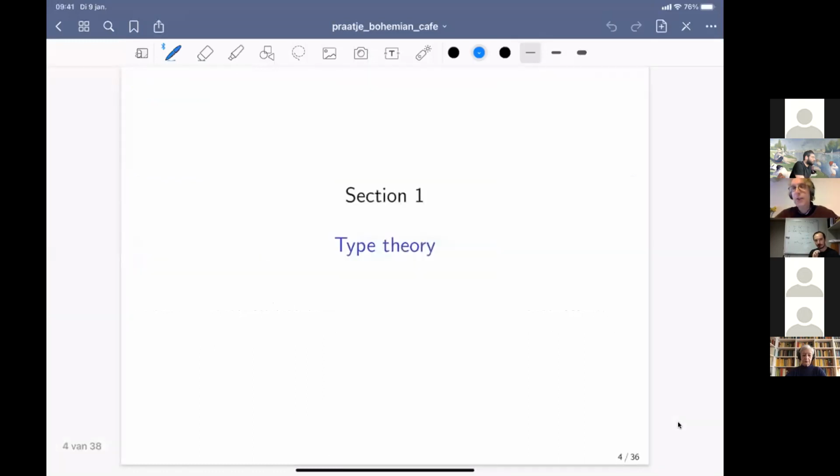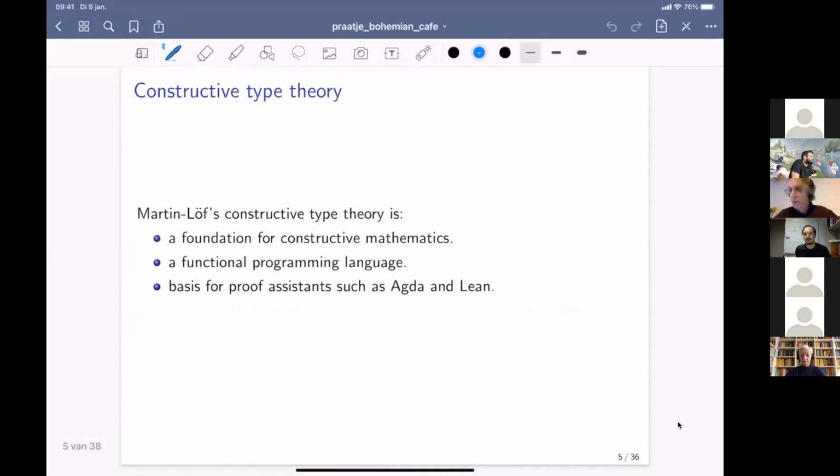So the motivation, as I said, comes from homotopy type theory, which is a development of type theory, Martin-Löf type theory in particular. So maybe I'll first say something about Martin-Löf's constructive type theory.